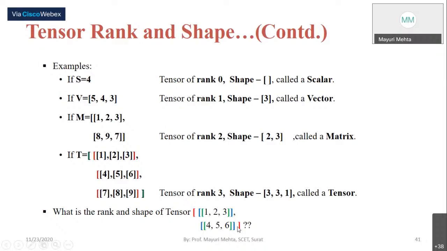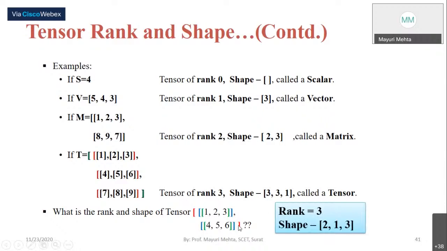Let's see: rank is 3 because there are 3 brackets, which I have highlighted here. Red represents the outermost dimension, blue the second dimension, and green the third dimension. In the outermost dimension we have 2 elements enclosed in the blue bracket. In the second dimension we have one element, enclosed in the green bracket. In the third dimension we have 3 elements. So what would be the rank and shape?